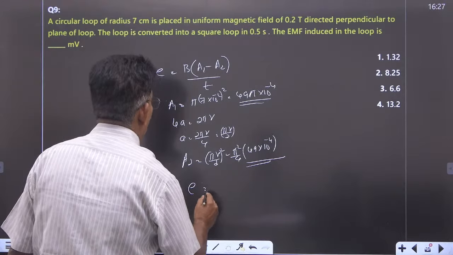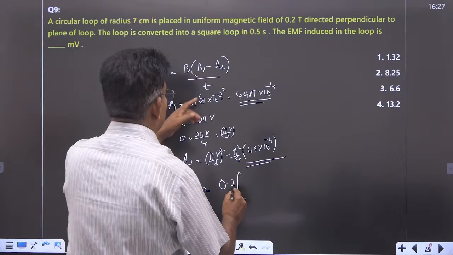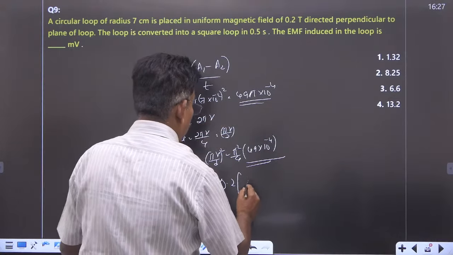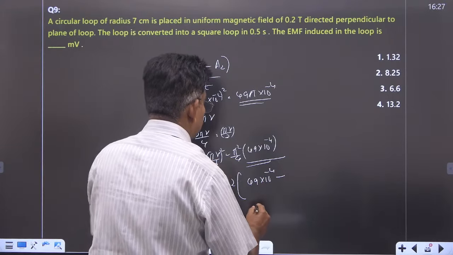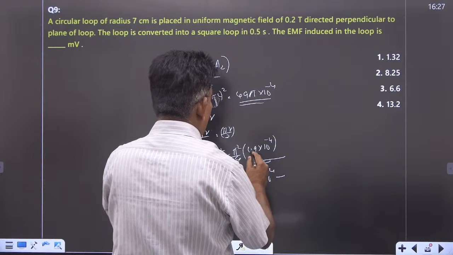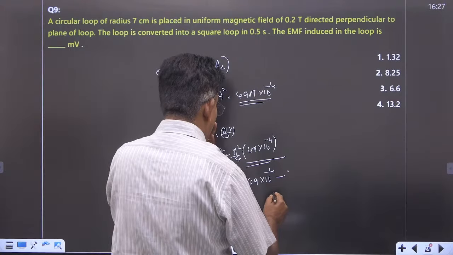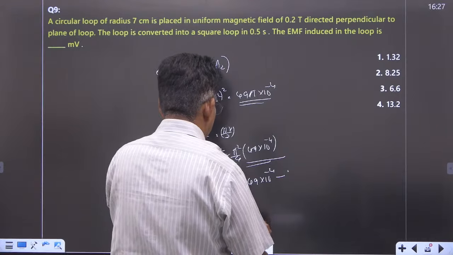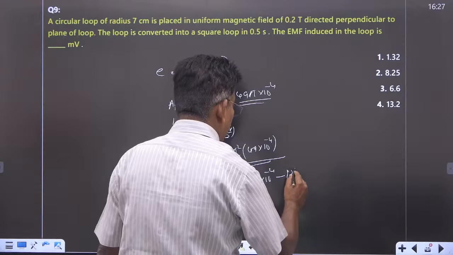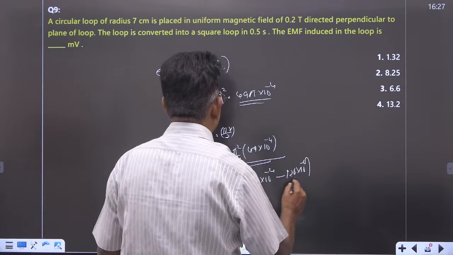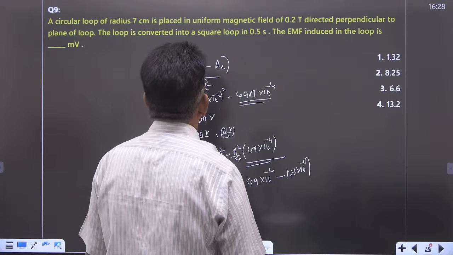I'm not doing all the steps. B is 0.2. The area of the circle is more. How much did we get for the area of the circle? 49 pi into 10 to the power of minus 4, minus this, which is near about 49 by 4, near about 48 times pi squared. Pi squared is nearly 10, so this is nearly 120 into 10 to the power of minus 4.